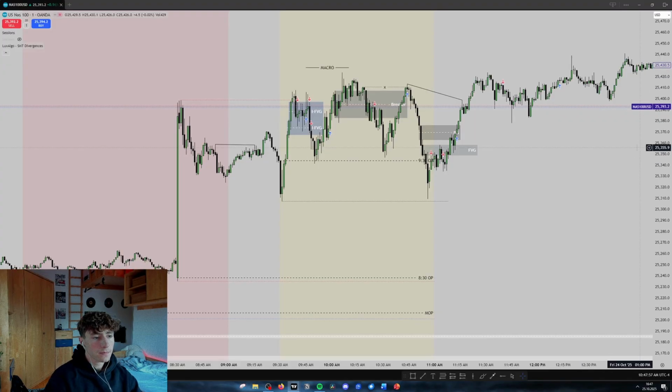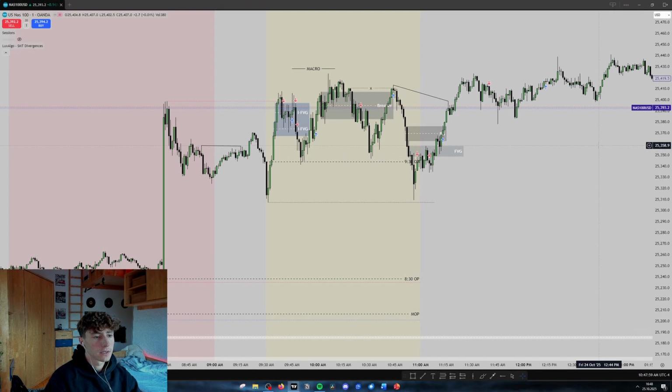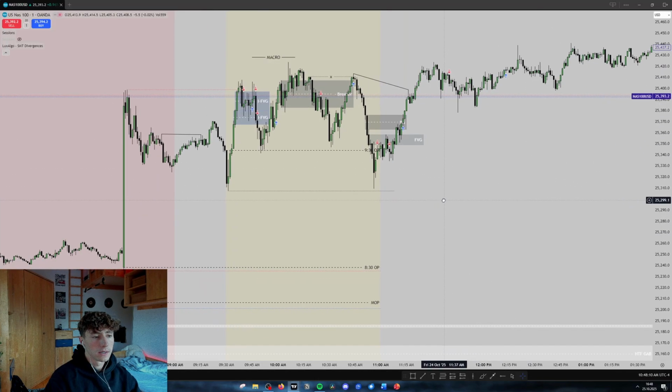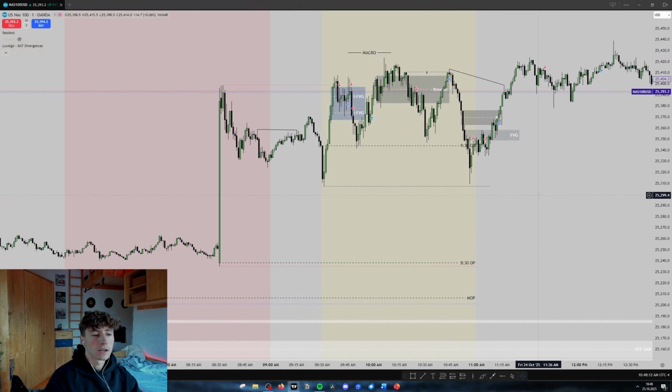But I think what I have to learn is that if the setup at the 10 a.m. macro fails, we should not expect any price movement to the downside later on, or it's more unlikely.